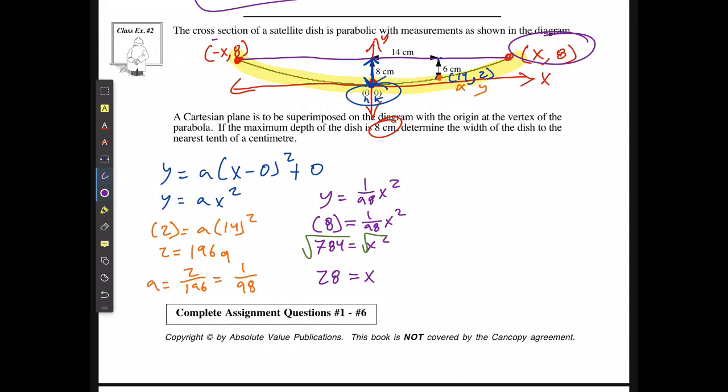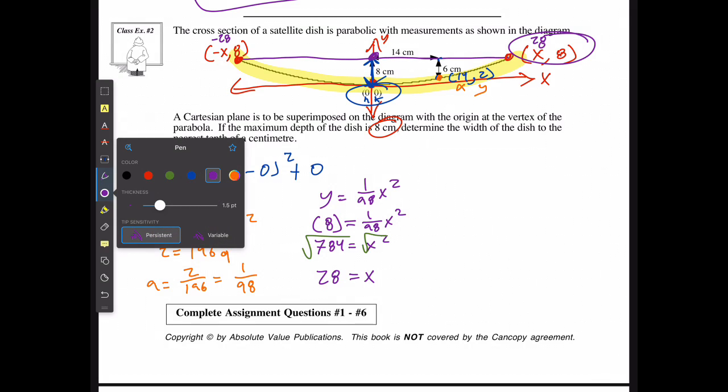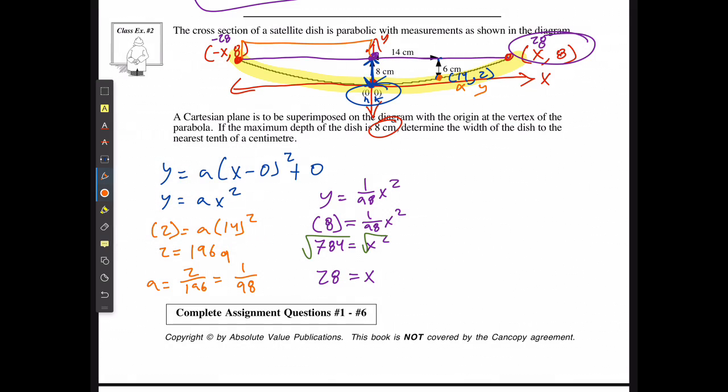So this would be at negative 28 and 8. This is going to be at positive 28 and 8. If it's going from negative 28 and 8 to positive 28 and 8, or starting at the origin, and it spreads out an equal distance going to the left as it does going to the right, then the total width is going to equal double the value of x.